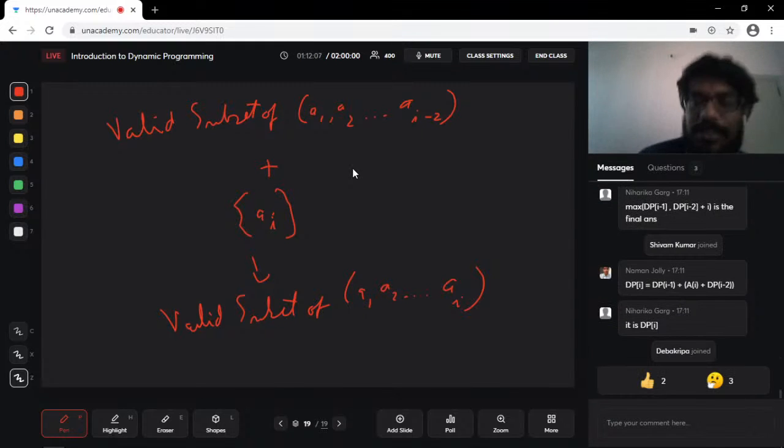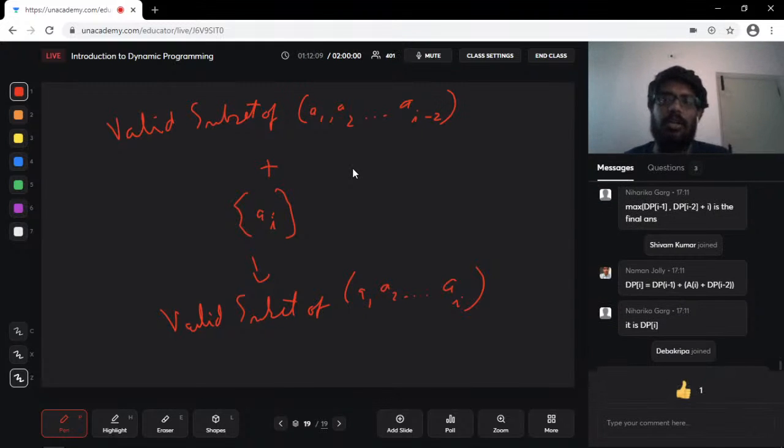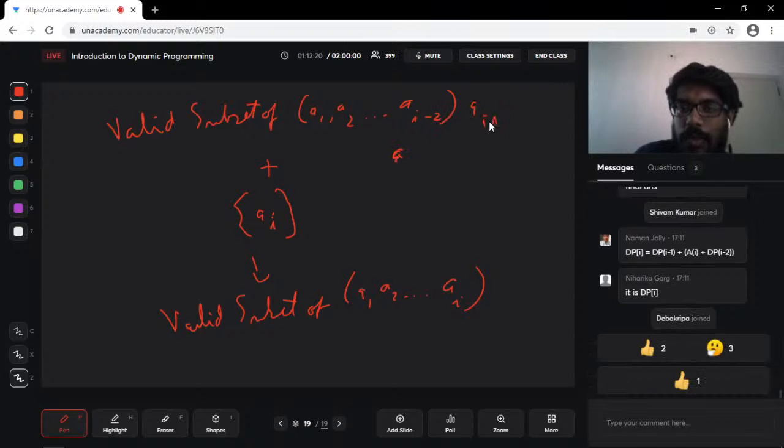A subset becomes invalid only when two consecutive elements are chosen, right? But that can never happen here because ai minus 1 is in between. ai minus 2 is there, then ai minus 1, which will definitely not be there, and then ai which I'm choosing, right? So I'm not causing any extra adjacency.